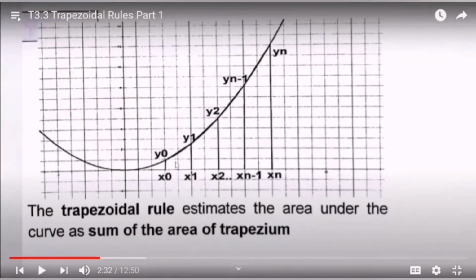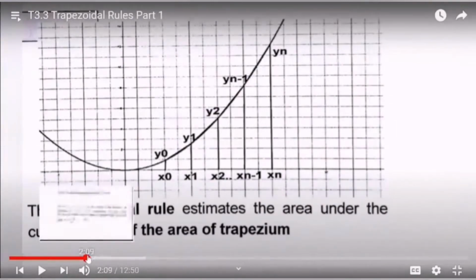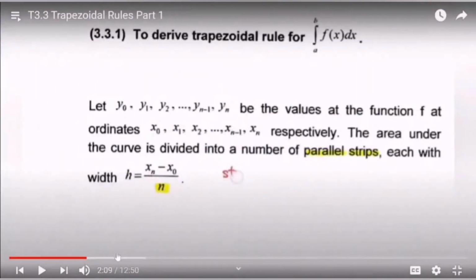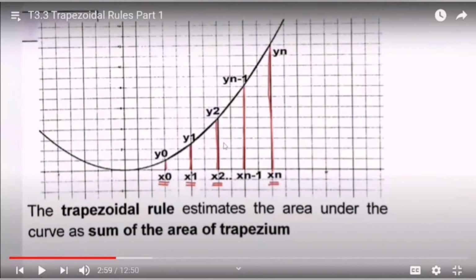Sebab kita mau bahagi ruang ini dengan sama rata. Faham? So ruang di antara x1 dengan x2 kita panggil h. Okay, kita panggil h. Dia punya width lah. Ya. So tadi you tengok ini, sebenarnya nak menunjukkan benda inilah. Okay? Boleh ya? So teruskan.